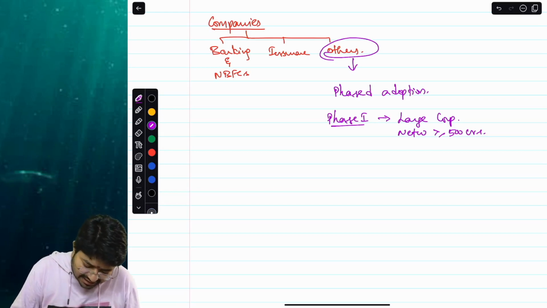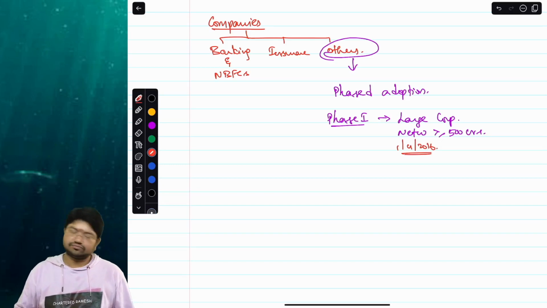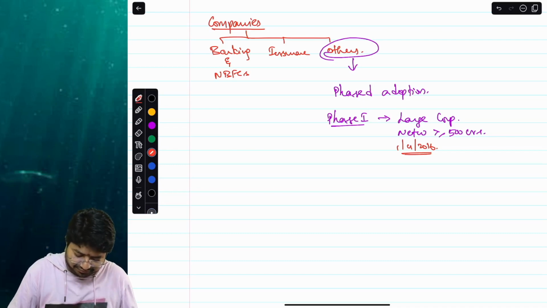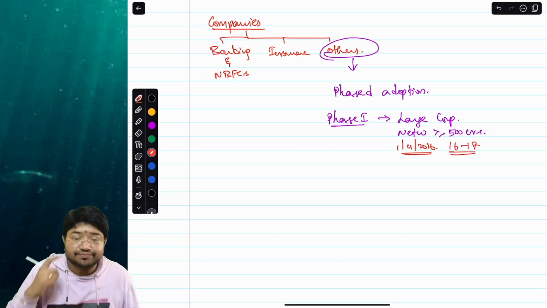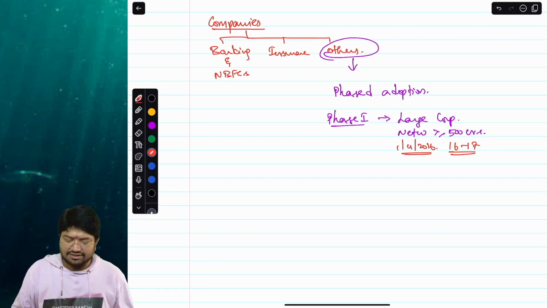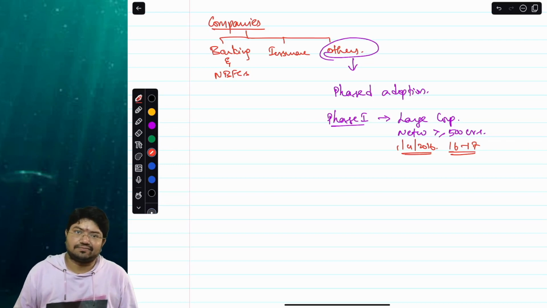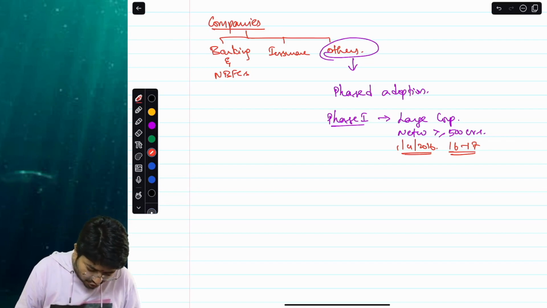For such entities, the adoption date happens to be 1/4/2016. That means for the financial year 16-17, you should prepare your financial statements using Ind AS. Adoption date is 1/4/2016.